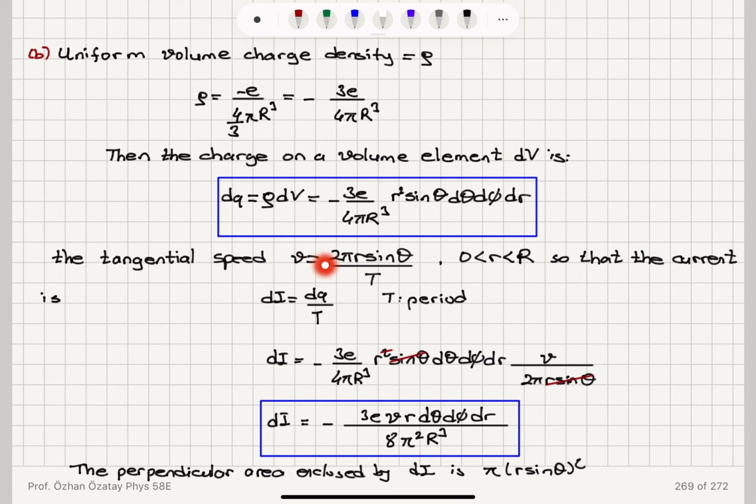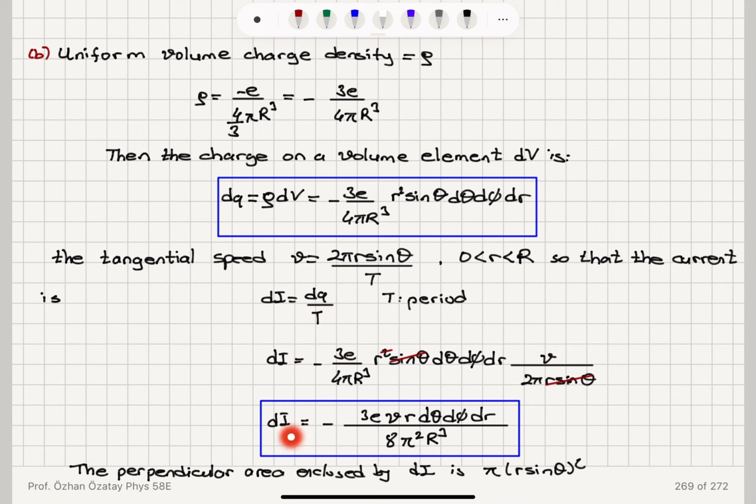The tangential speed for this volume element at a radial distance r from the origin is 2 pi r sine theta divided by the period, and the current due to this charge flowing in one period, rotating about the z-axis, is dq over T. For T, we substitute 2 pi r sine theta over v. So 2 pi r sine theta over v goes upstairs, v over 2 pi r sine theta.